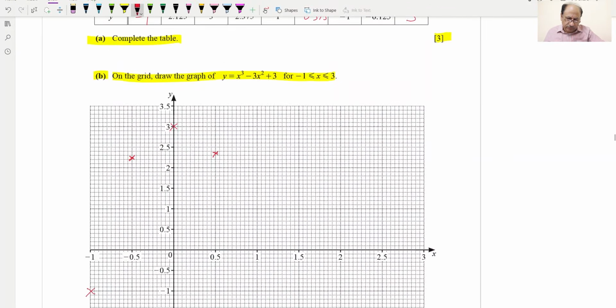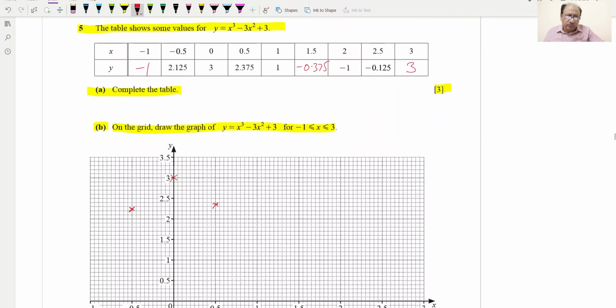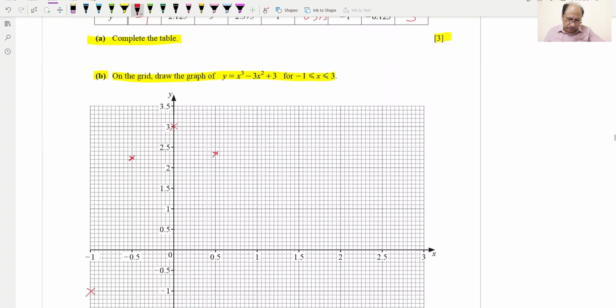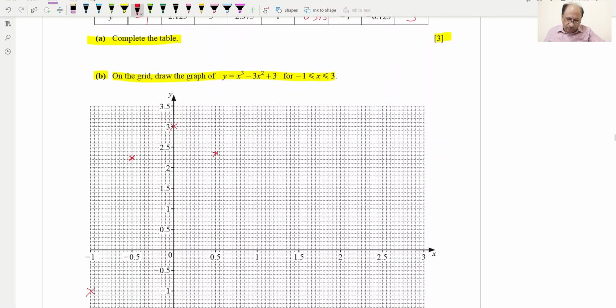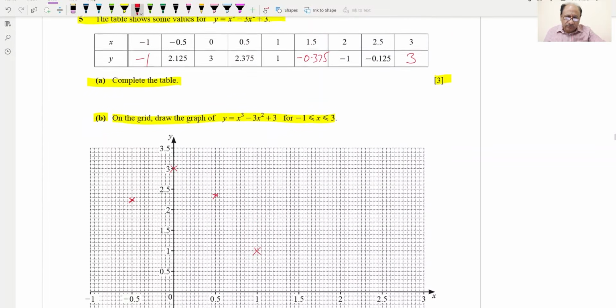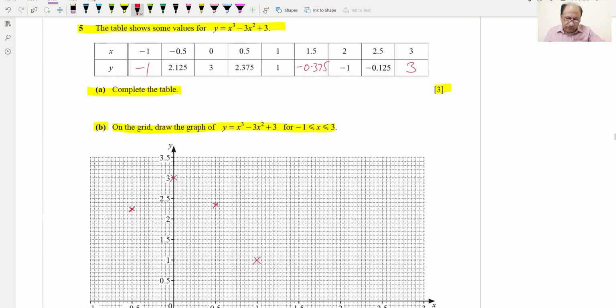This will be 0.5 and 2.375. Okay, and 1 is to 1, 1 is to 1 over here.